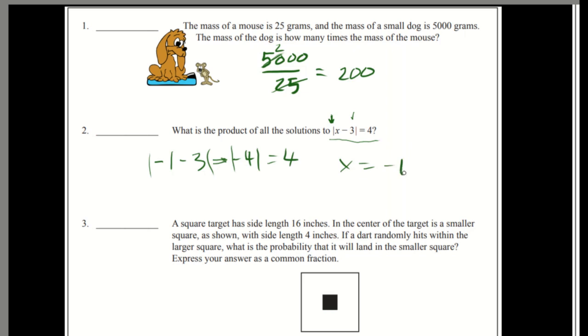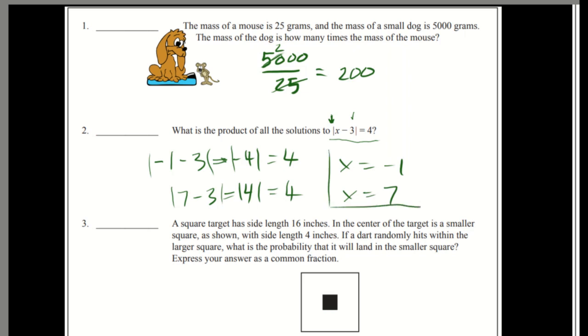Negative 1. Is that the only solution? Because it says, what is the product of all the solutions? No, you could do 7 minus 3. That would give you 4, and if you take the absolute value, it's still 4. So x equals 7 is another solution.